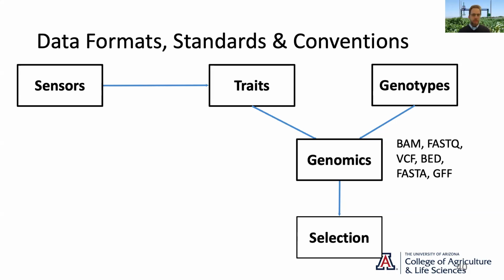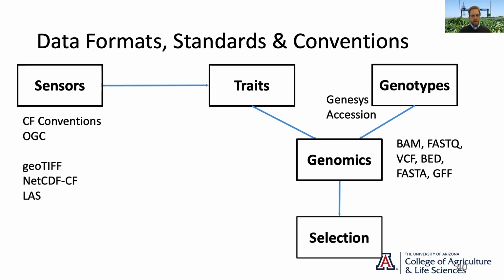So starting with the genomics data, it was actually quite easy. There was no disagreement that this was a set of data types that are standard and used throughout the community, as well as using Genesis as a reference for the identification of the accessions or the individual genotypes, or crop varieties, that we were planting in the field. So that all happened very quickly and very early on.